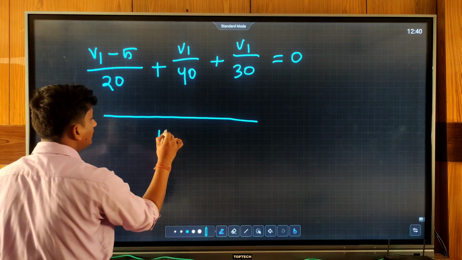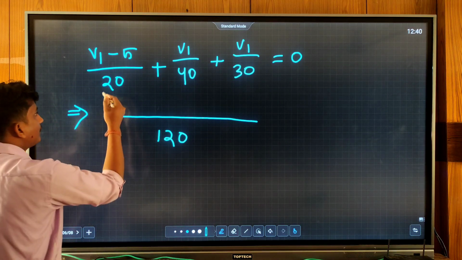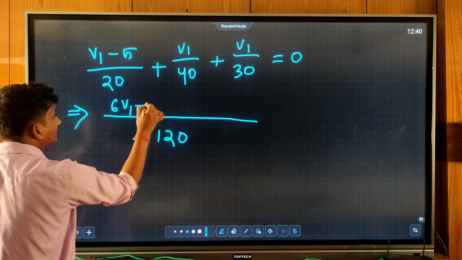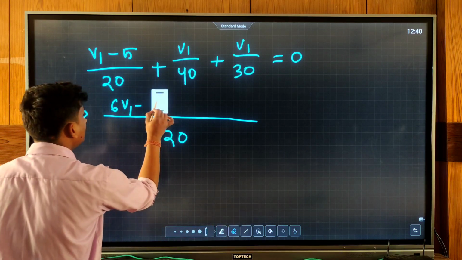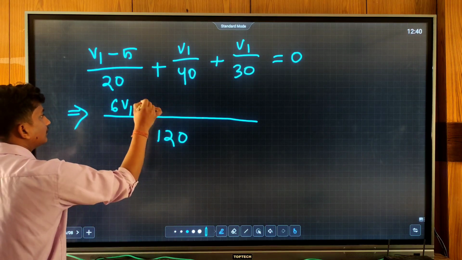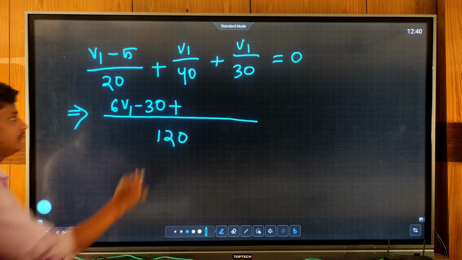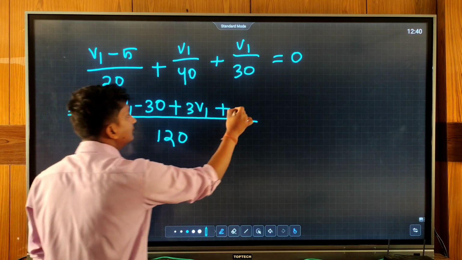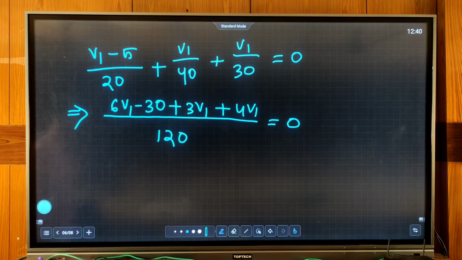The LCM will be 120. 120 divided by 20 equals 6, so 6 times (V1 minus 5), that is 6 V1 minus 30, plus 120 divided by 40 equals 3 V1, plus 120 divided by 30 equals 4 V1, which equals 0.